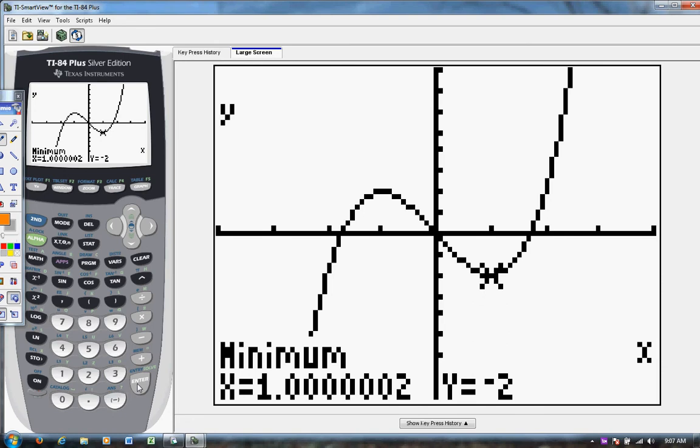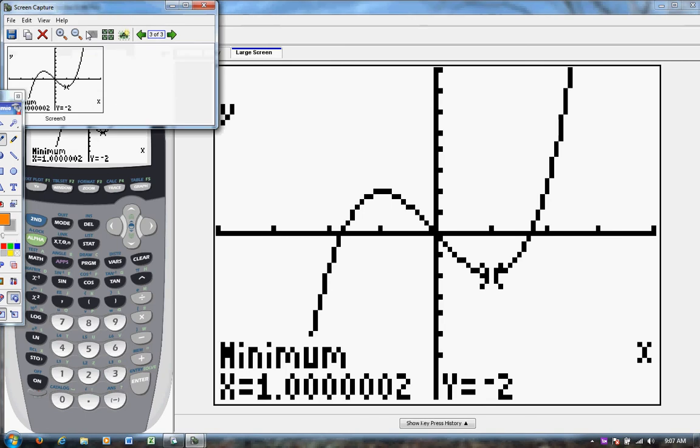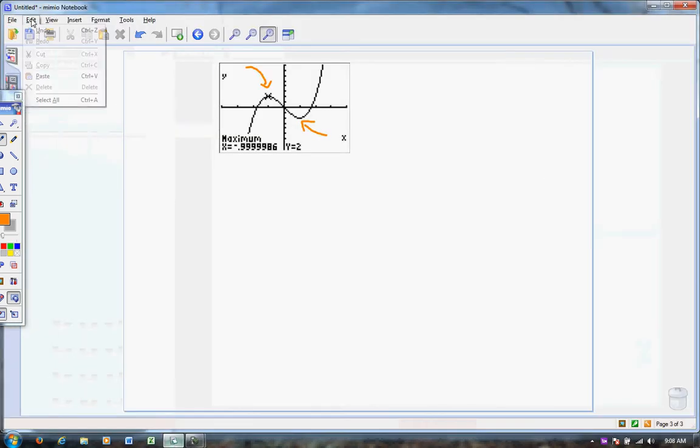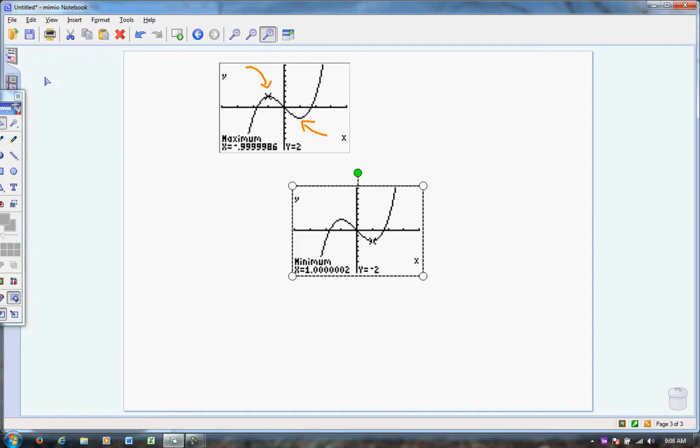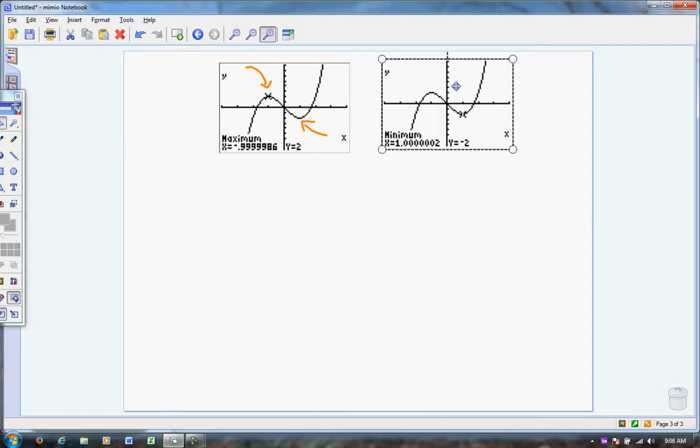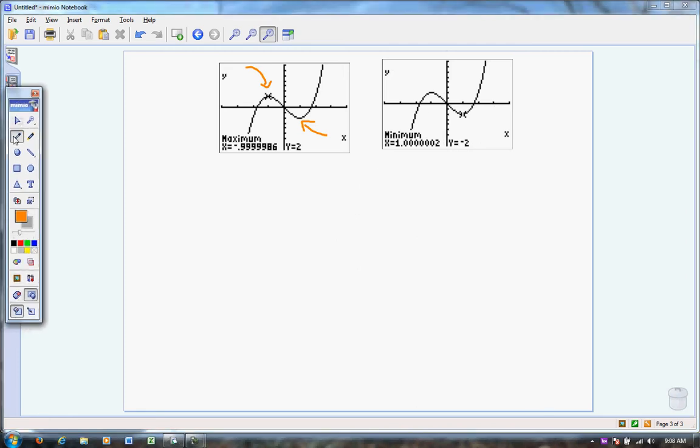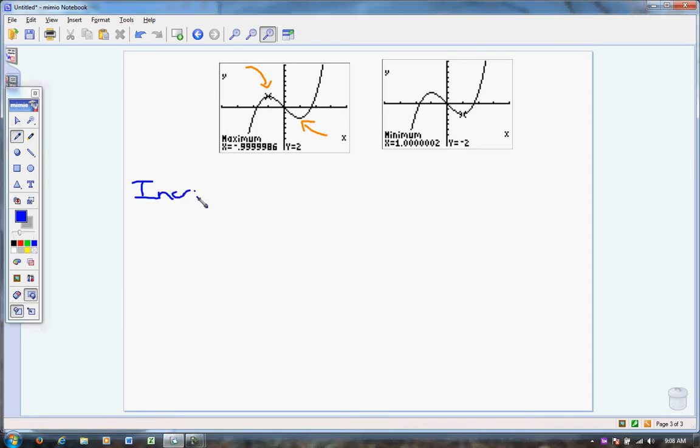All right. So we've now got plenty of information here to wrap up this problem. I've got a maximum and a minimum. So if I'm going to put the intervals over which it is increasing, okay, this thing is increasing.